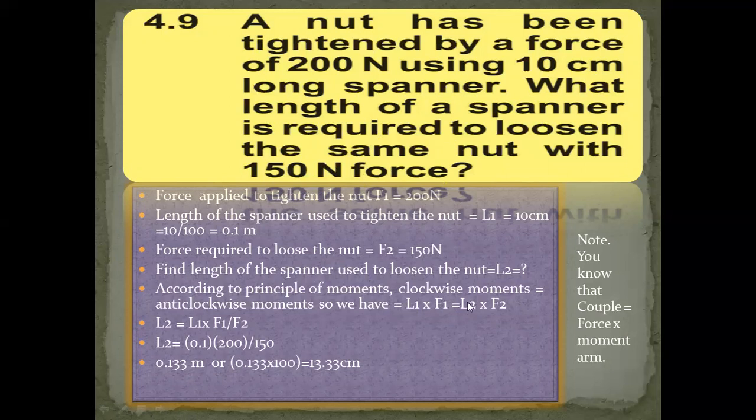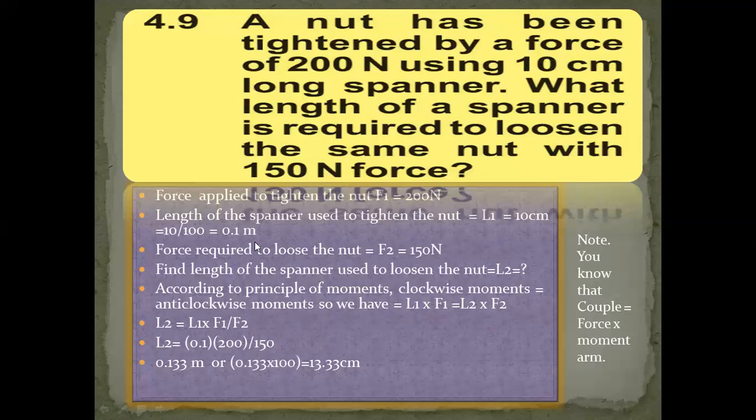So you can easily find L2, moment arm 2, when you divide. F2 is multiplying with L2, so you divide by F2. L2 is L1 multiplied by F1, divided by F2. The moment arm 1 is 0.1 meter, which is the spanner used to tighten the nut.